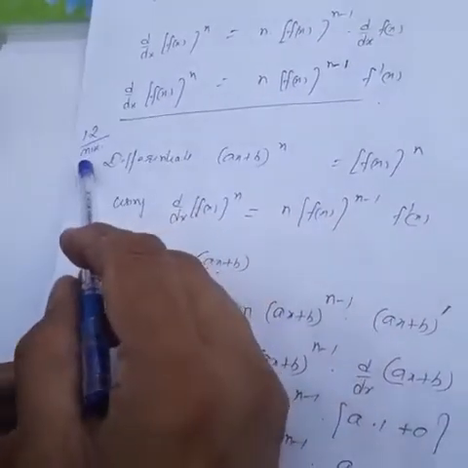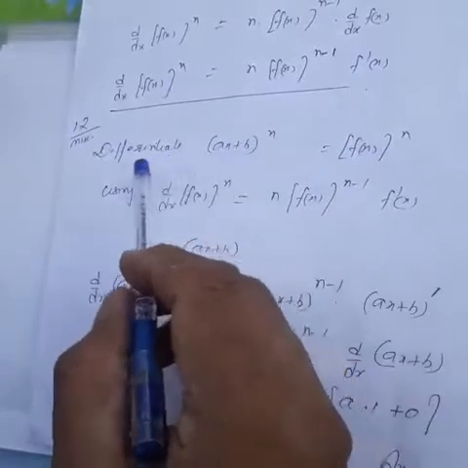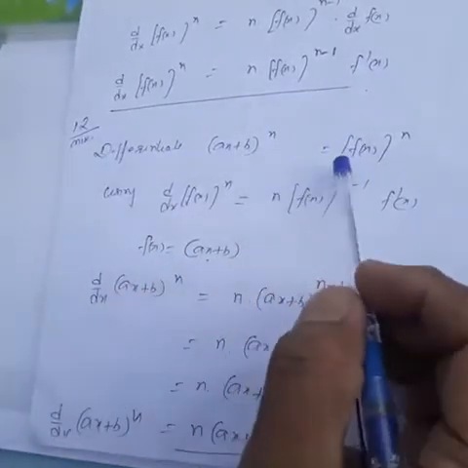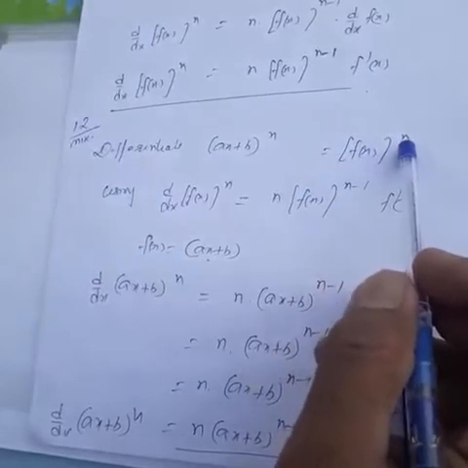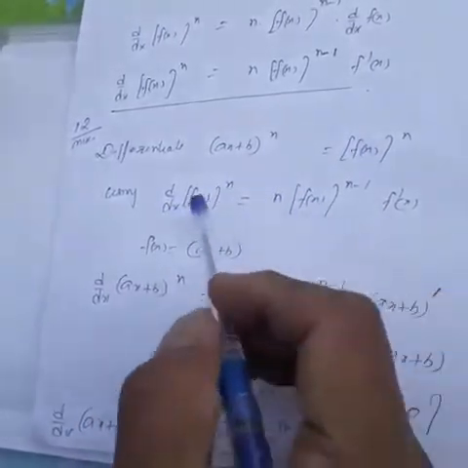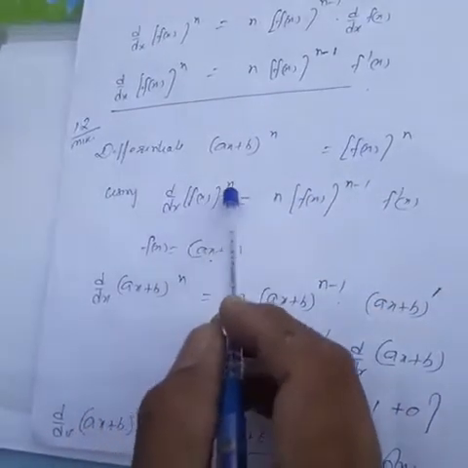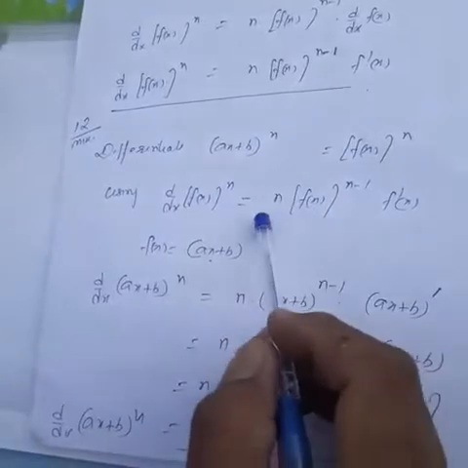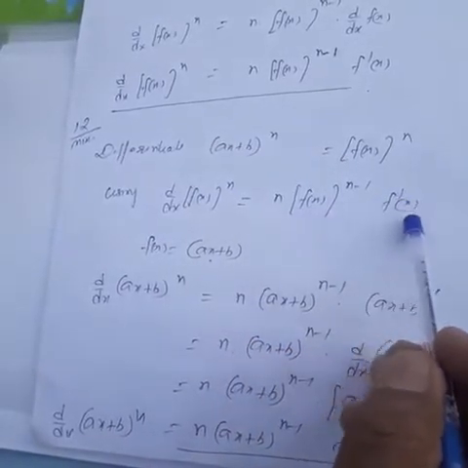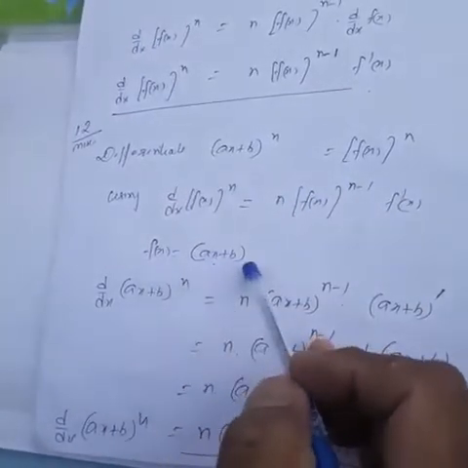This is question number 12 of the miscellaneous exercise. Differentiate (ax plus b) raised to the power n. Now compare it with f(x) raised to the power n. If you compare and write down the formula, we will use the derivative of f(x) raised to the power n, which is n into f(x) raised to the power n minus 1 into the derivative of f(x). If you compare, f(x) is ax plus b.